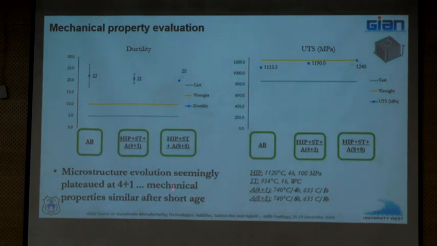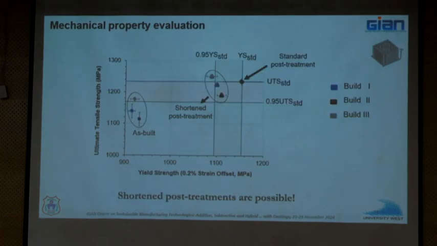We have done it for ductility, looks pretty good. We have done it for the ultimate tensile strength, looks nice, not very different. So, it seems like everything plateaus at 4+1, right.